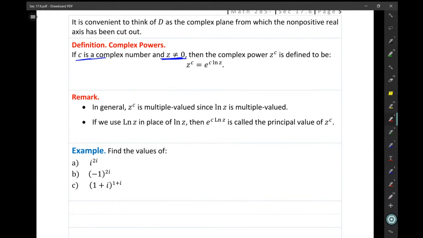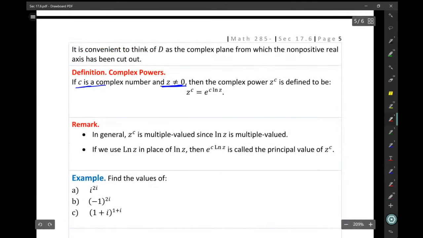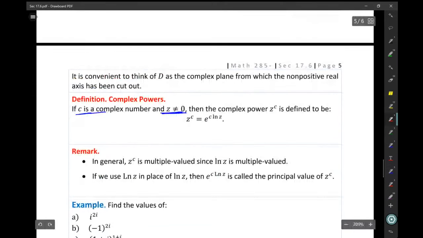If c is any complex number and z is not equal to 0, then the complex power z to the power c, a complex number to the power of a complex number, is defined as z^c equal to e to the power c times ln of z.